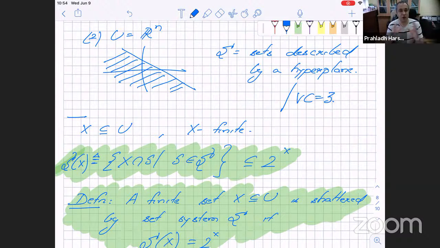VC dimension is a geometric thing that captures how well the set system shatters sets. It says the maximum set it can shatter is of size at most d. Take any d prime larger than d, there will be a subset of that set which is not obtained by intersection.